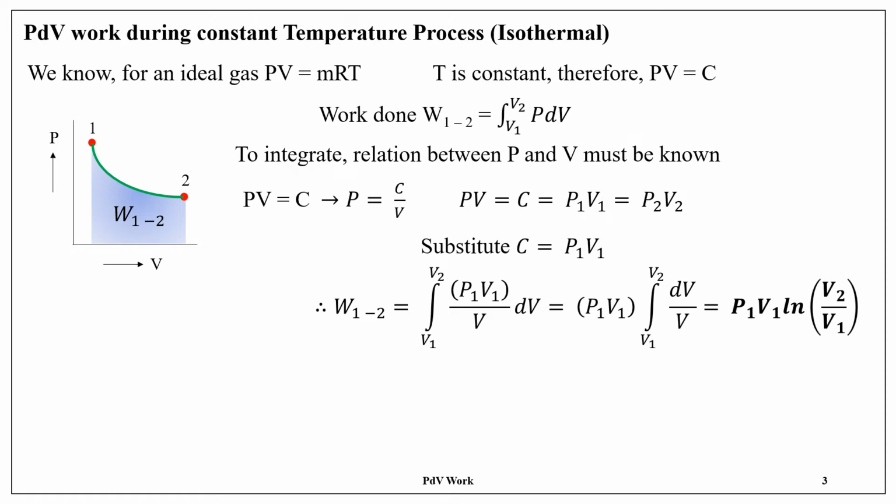Instead of this P, we have substituted here, and instead of this C, we substitute this. So P1 V1 divided by this V. And this P1 V1 is equal to constant. Therefore, we can take this one out of the integral. What is remaining is integral dV by V between the limits V1 and V2. Upon integration, we will get this.